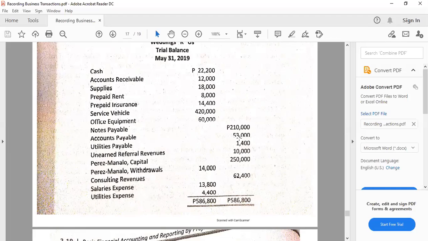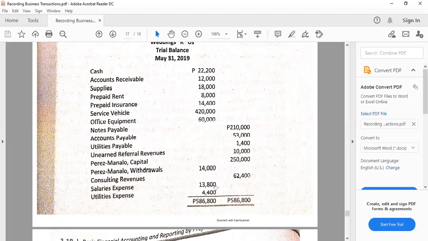It's possible that, for example, when we use our calculators, although we can minimize this by using Excel perhaps, we will never know if we have inputted the amounts right. So let's say we have written here 4,400, but when we calculated that, for example, we have written only 440 pesos.